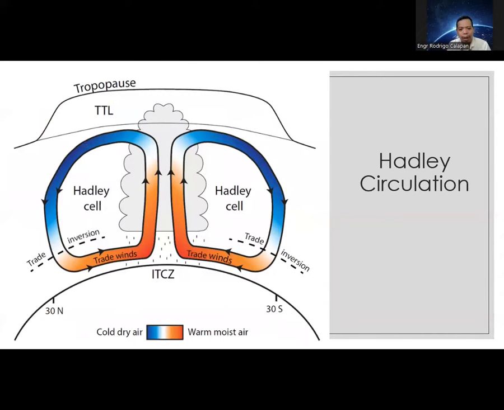Hadley circulation is air circulation in the troposphere in the tropical and subtropical directions. The air descends in the subtropical high pressure belts on the polar side of the equatorial intertropical convergence zone. The air is warmed by the tropical air and is carried near the subtropical area.